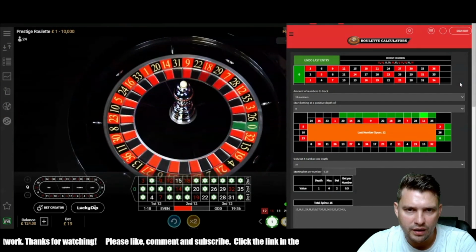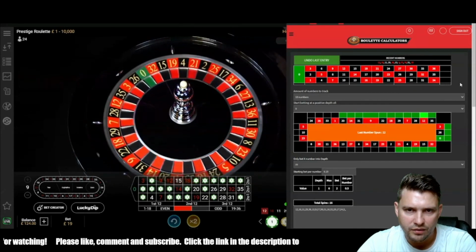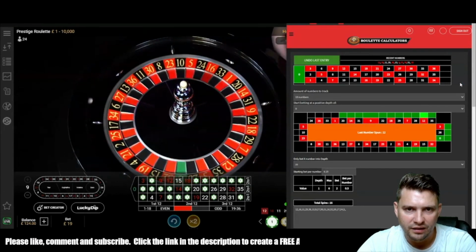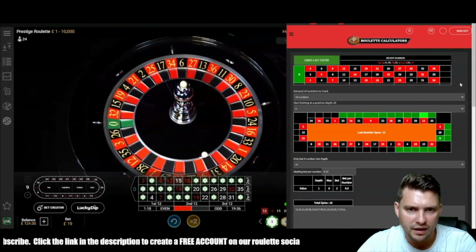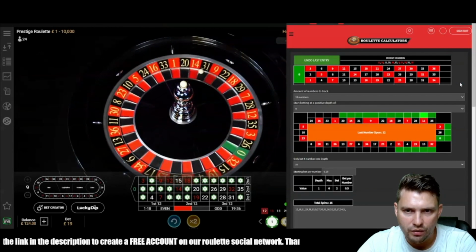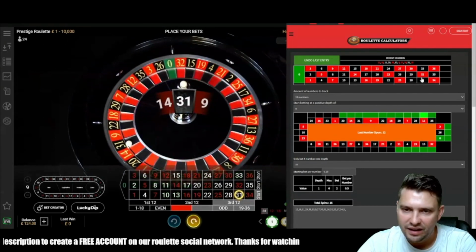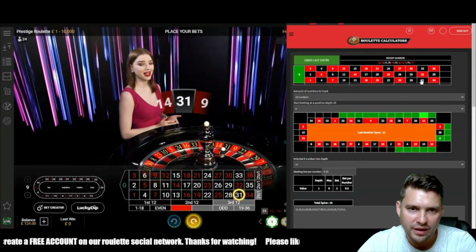Let's see what happens. See it land around number 30. Good area. Nope, 31. So again, it is jumping back between the depth of 1 now.